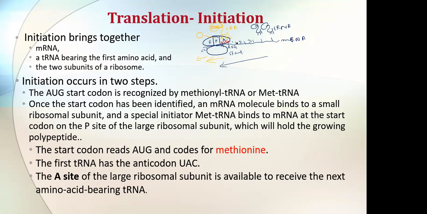Now the second codon will sit over here. Another corresponding tRNA will sit over here. They will move over here. They will release another amino acid over here. They will move this side and they will exit away. Now the third one will come. Then another tRNA with the corresponding amino acid will sit.